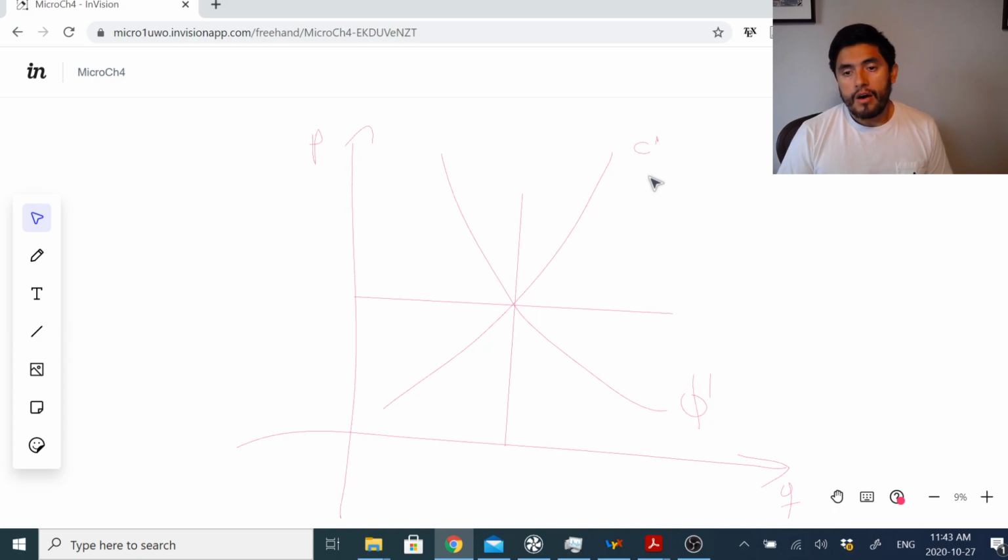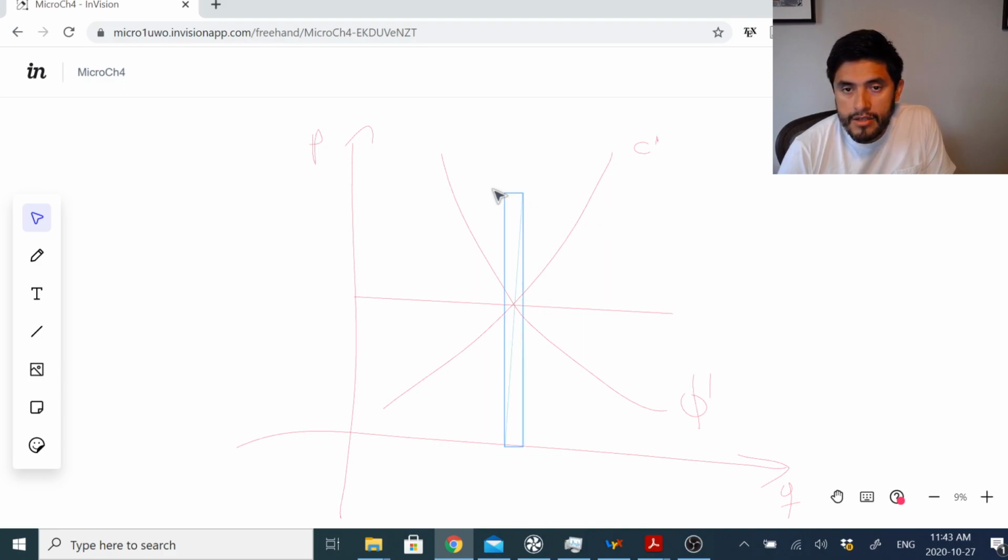Together, this basically means that you have some point in the middle that will be an intersection under continuity assumptions. And this intersection will produce a price and a quantity. So this is basically a competitive equilibrium. This will clear the market.